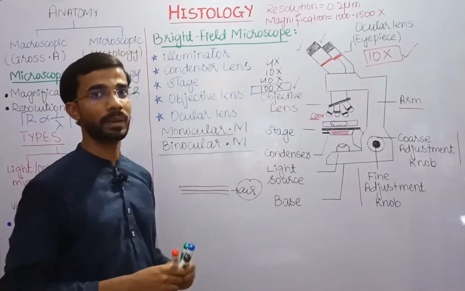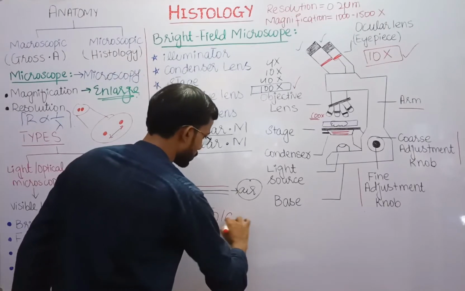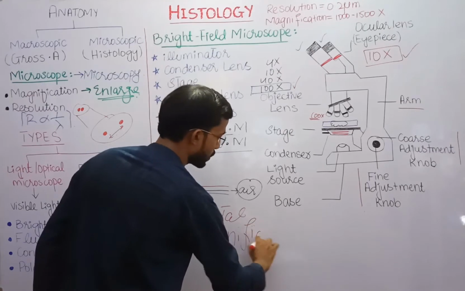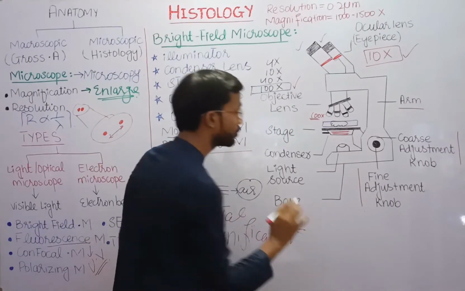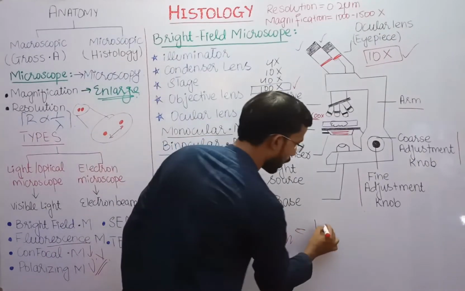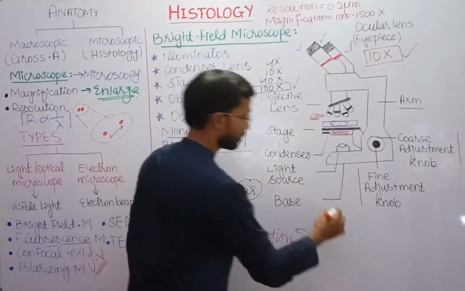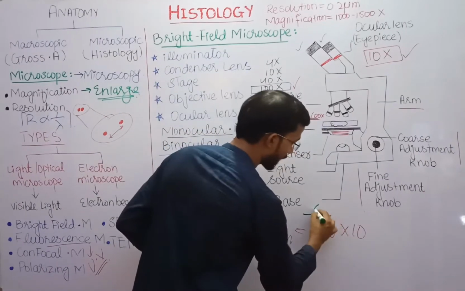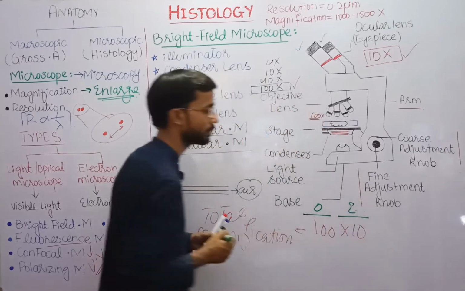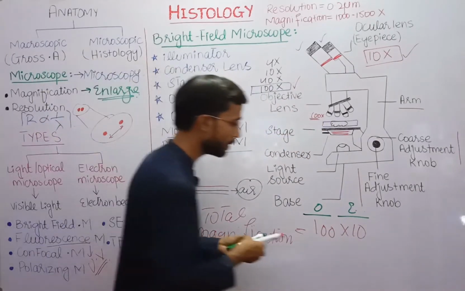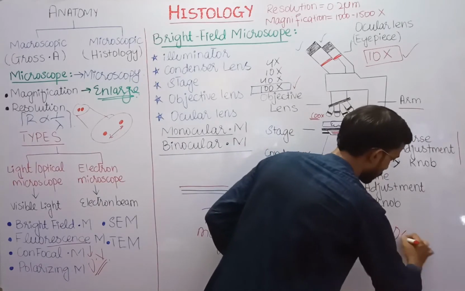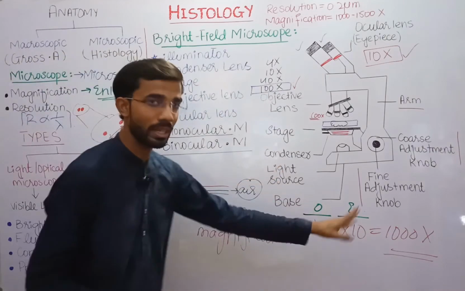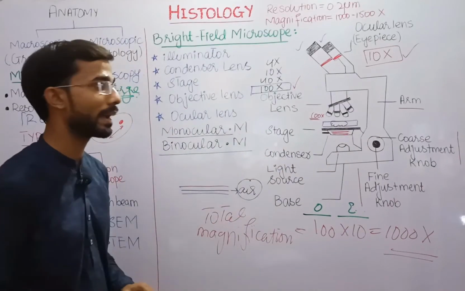To find the total magnification, you just multiply 100 by 10. This is for the objective and this is for the IP, and the answer will be 1000x. Here is the total magnification of the microscope.